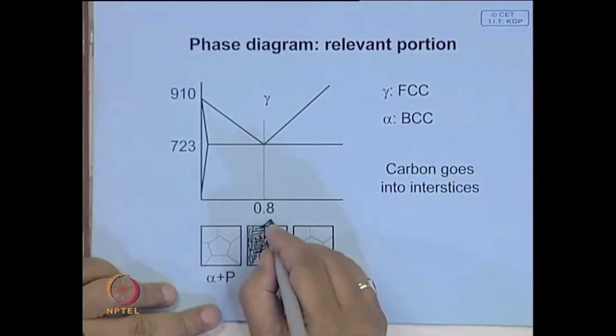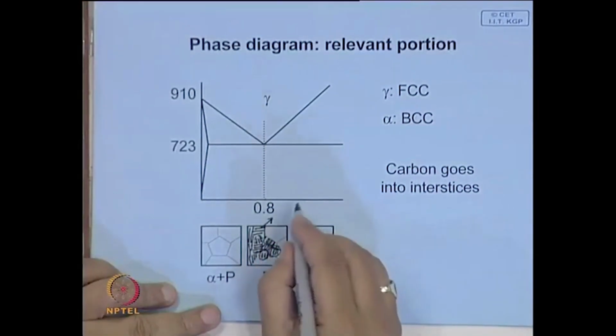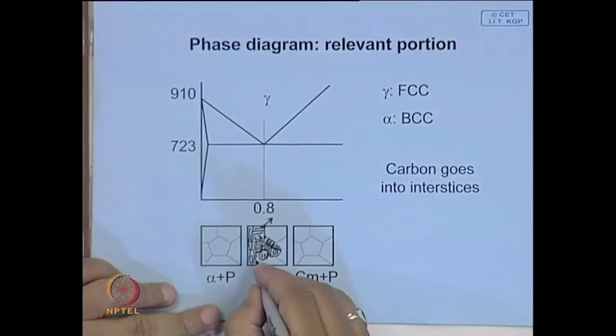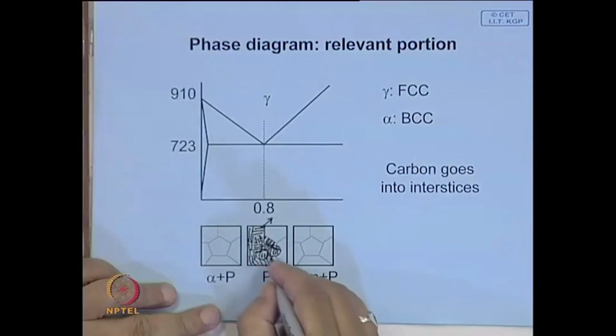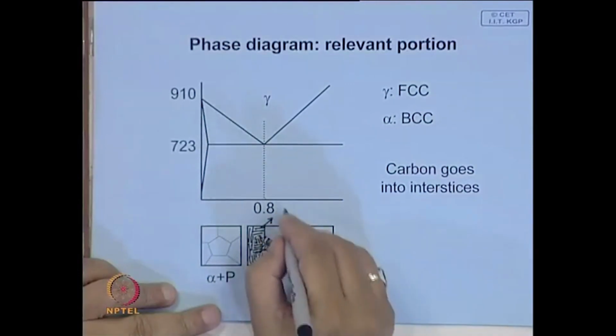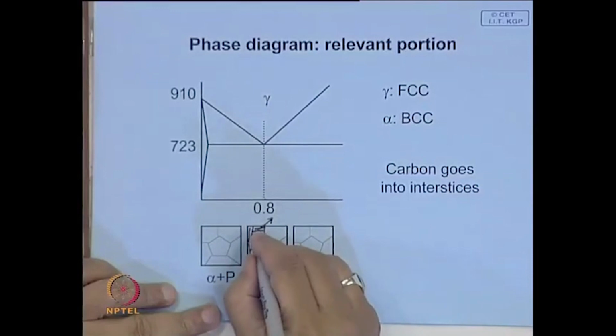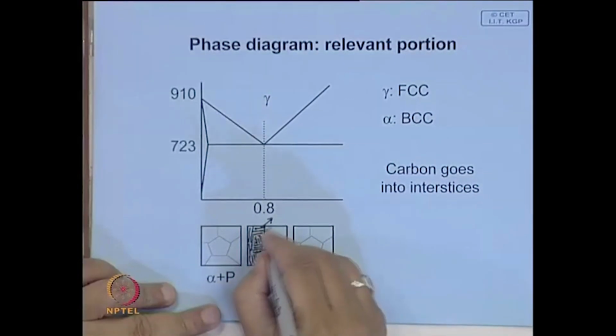In the normal microstructure of steel, when you etch with nital, the cementite etches at the boundary, but the cementite plate is so fine that it appears as a dark line.